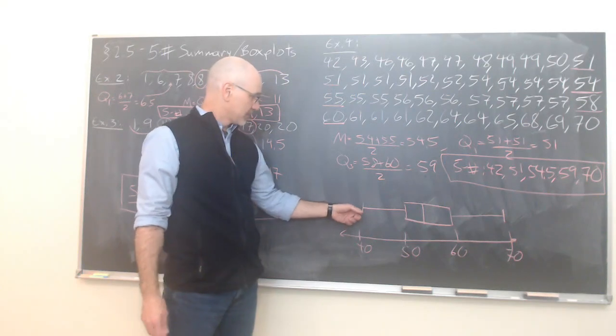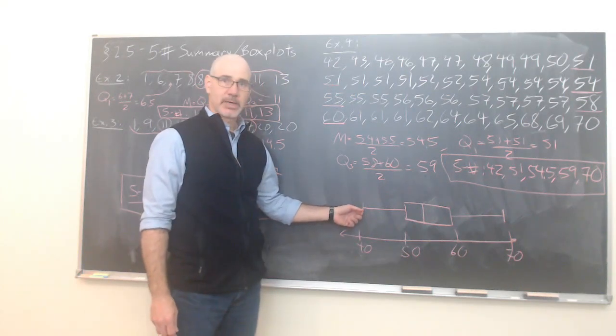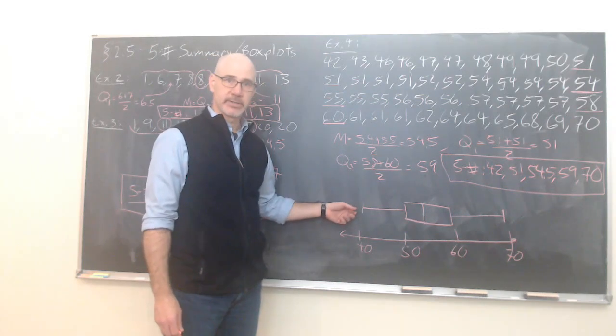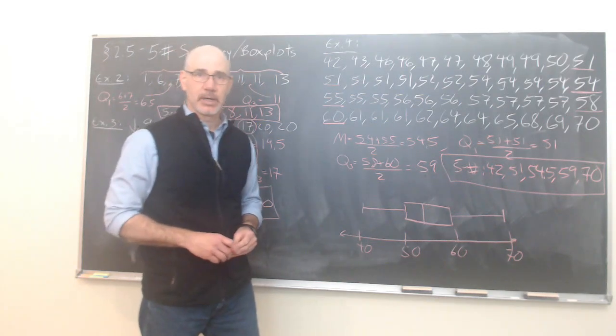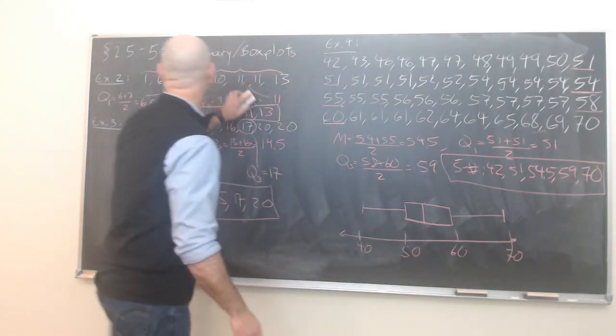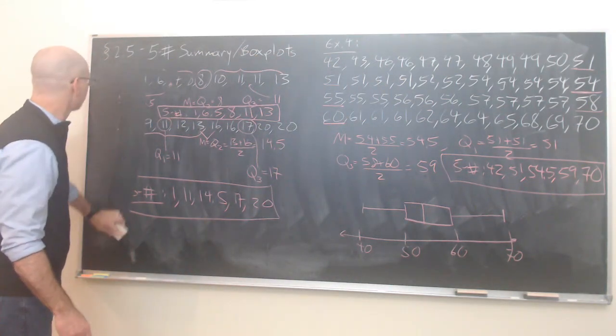Now, we have to be a little bit careful when we do our box and whisker plot, because if we have outliers, it'll look a little bit different. So we're going to use the interquartile range now to check for those outliers.